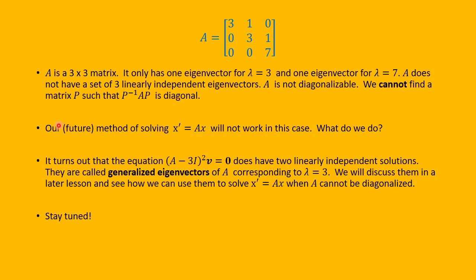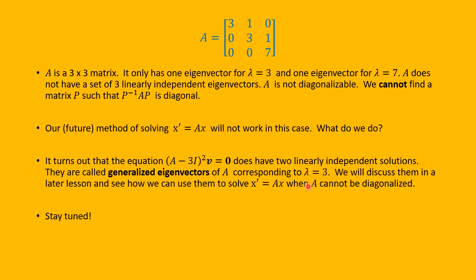So the method that we covered in this lesson for solving x prime equals A times x will not work in this case. What can we do? Well, it turns out that if we look at the equation A minus 3I quantity squared times v equals a 0 vector, this equation does have 2 linearly independent solutions, and those are called generalized eigenvectors of A, corresponding to the eigenvalue lambda equals 3.